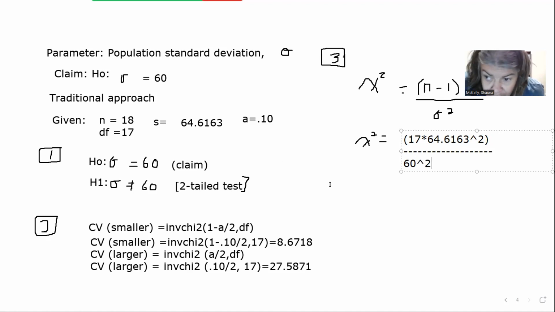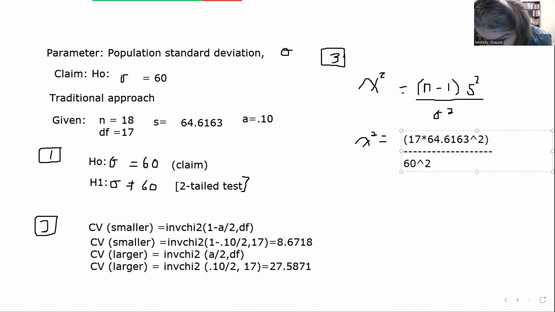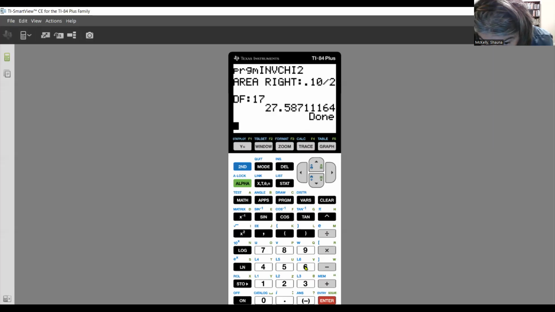If I poke this into the calculator, let me verify that I'm actually sharing the calculator. No, I wasn't. Okay, let me clear this.